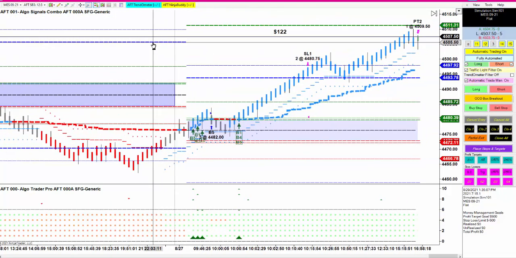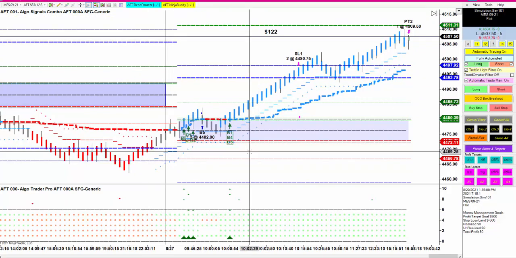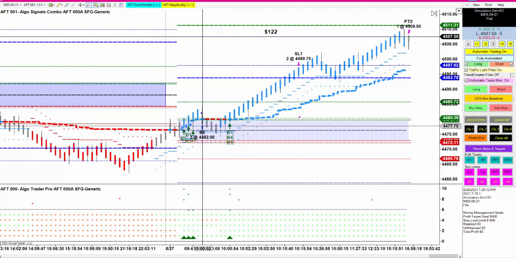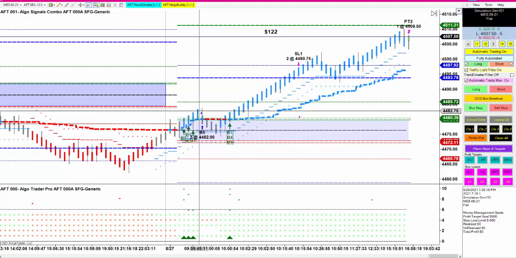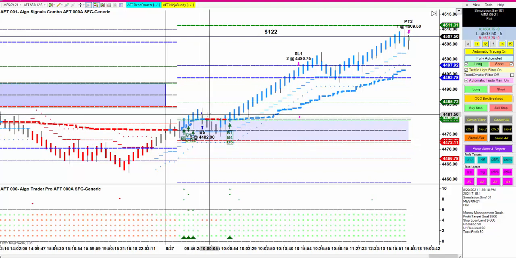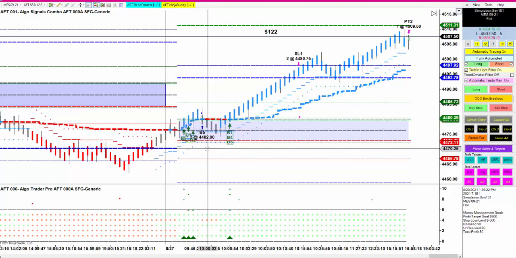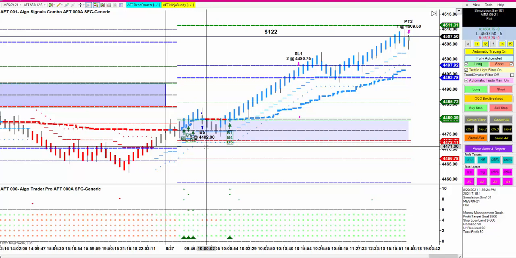And here's Friday's action here. So Friday, again, the breakout initially was to the long side, and that was right at 10 o'clock, basically, when the Fed started speaking. Got a little pullback during that period, but again, the initial stop would be on the other side of the no trade zone here.